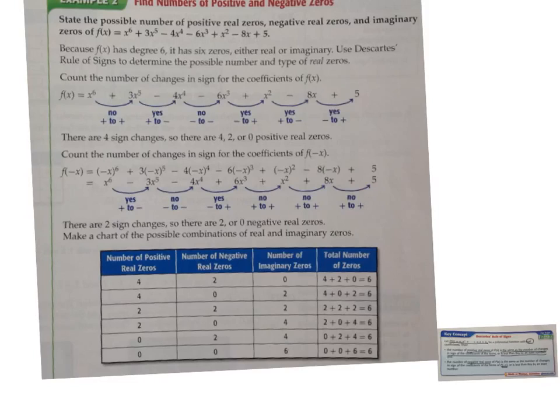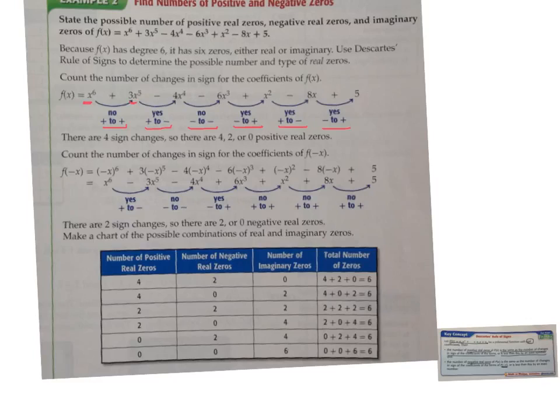Now what they're saying is, look at the sign change. This is positive. This is positive. Was there a sign change? No. Was there a sign change here? Yes, it went from positive to negative. How about the next one? Nope. Yes, from negative 6 to positive 1. Yes, from positive 1 to negative 8. Yes, from negative 8 to positive 5.